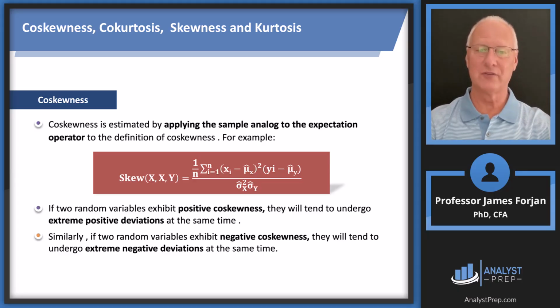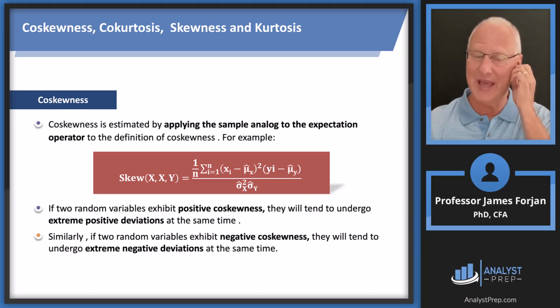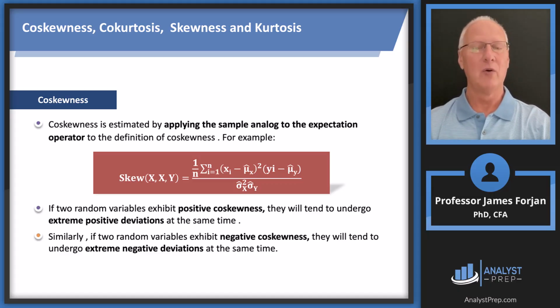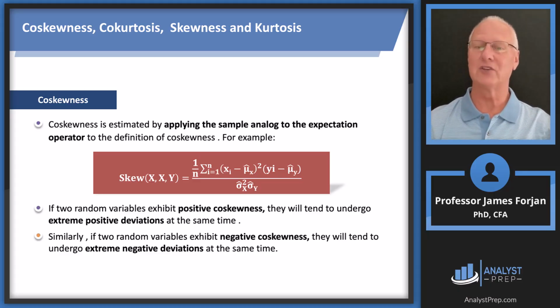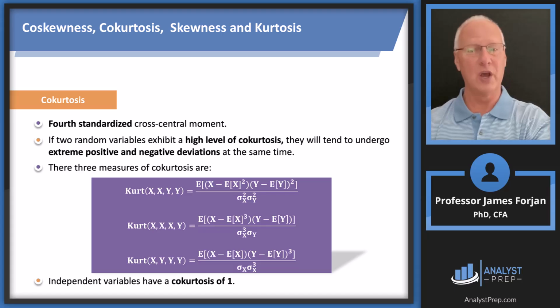If we have positive Coskewness, they're going to have extreme positive deviations, both at the positive end or at the negative end, right? Extreme positive deviations at the same time. With negative Coskewness, that just means the opposite. Extreme negative deviations at the same time. And we're going to have the same kind of interpretation for Cokurtosis.